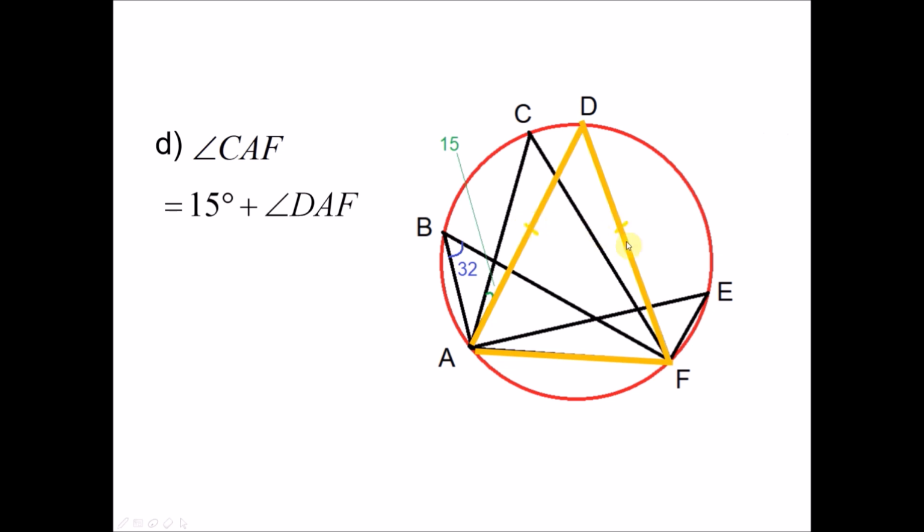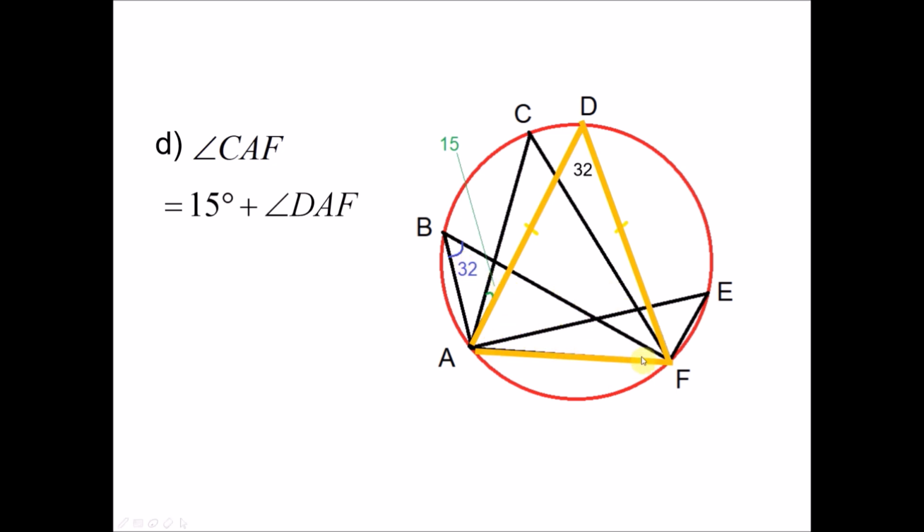Hence, this is an isosceles triangle, meaning that the base angles, this DAF and this DFA, they are equal, they are the same. If we know this angle, we can find the two angles. Previously, in a previous question, we already found this angle, which equals 32.